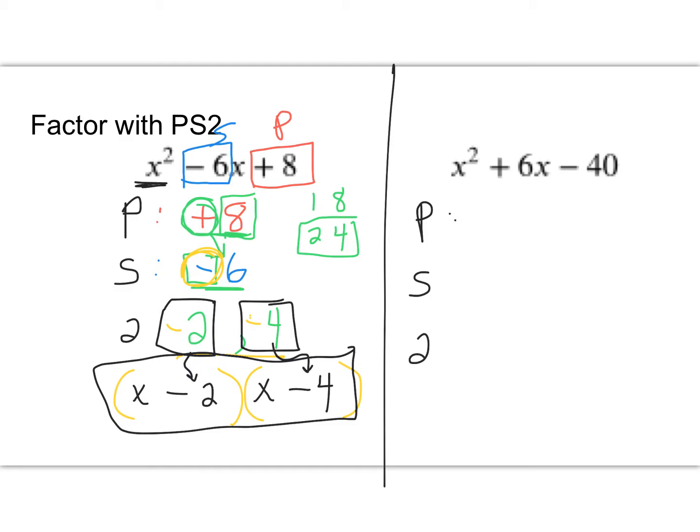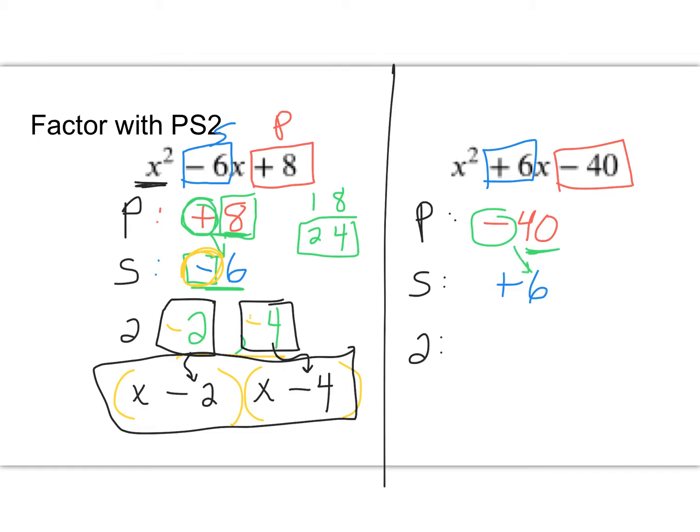PS2. Okay. So let's get started. My product this time is going to be -40. My sum, or subtraction result in this case, is going to be +6. So we have to think, what two numbers multiply to 40 but subtract to 6?